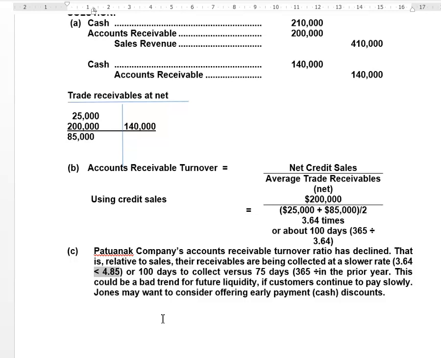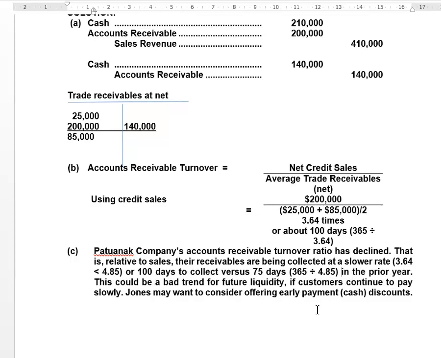We can actually figure that out as well if we wanted to convert that 4.85 times to days. What we would do is we would take the 365 divided by what we've got here, which should be 4.85. Okay, and that would give us 75 days approximately, right? So this year it's taking us 100 days to collect. Last period it was taking us 75 days.